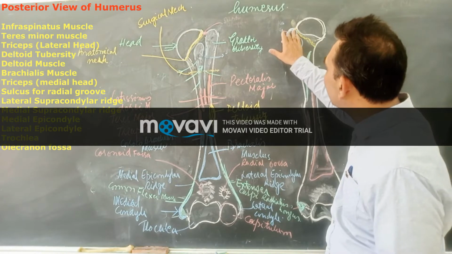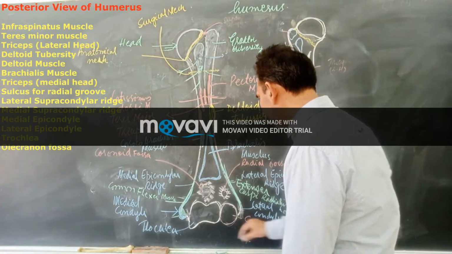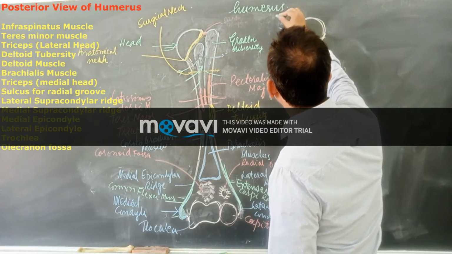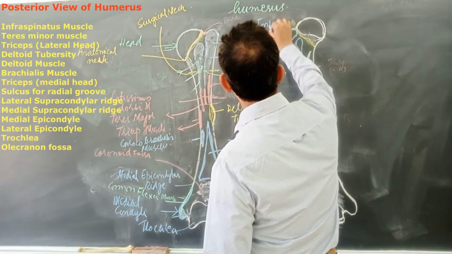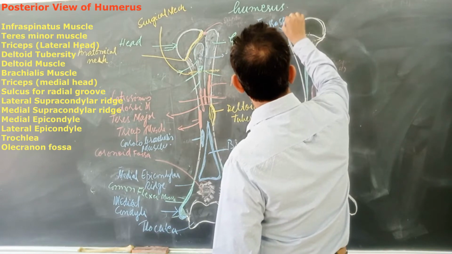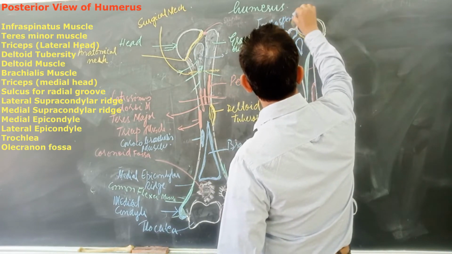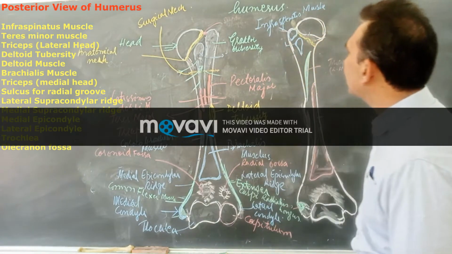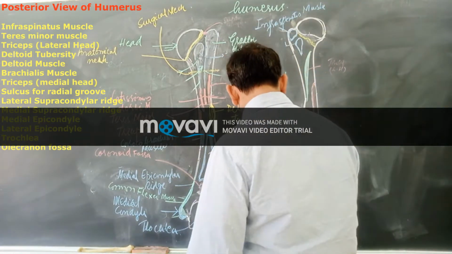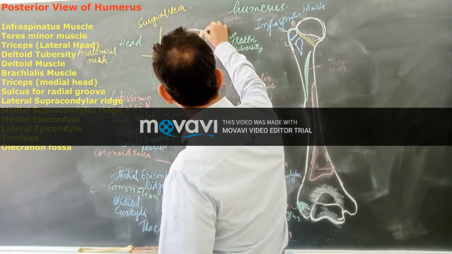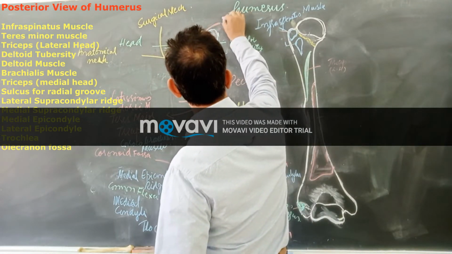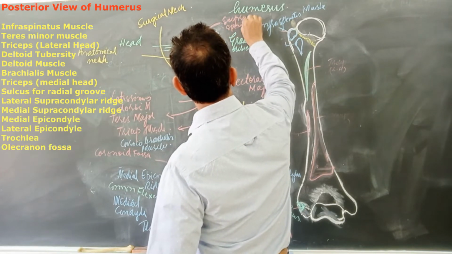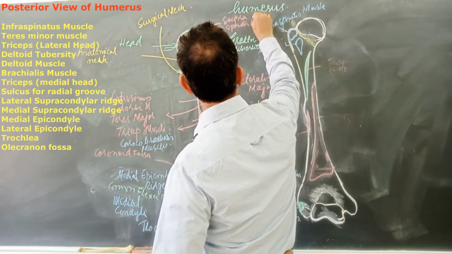On the posterior side of the greater tuberosity is the attachment of the infraspinatus muscle, and the supraspinatus muscle will attach over here at the superior side.